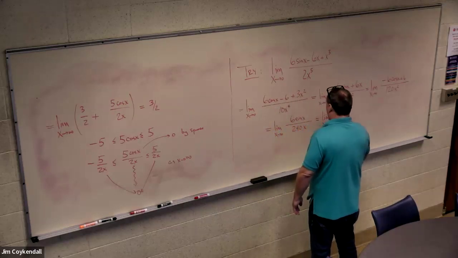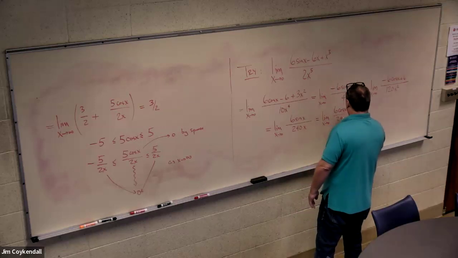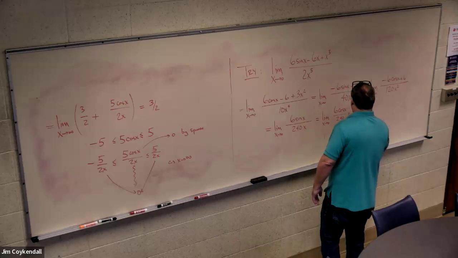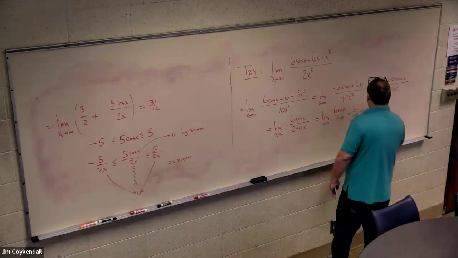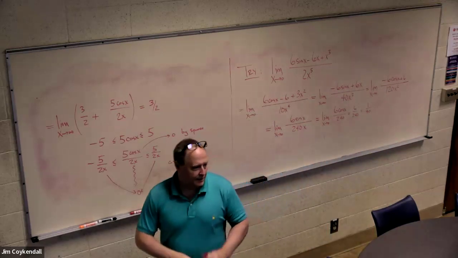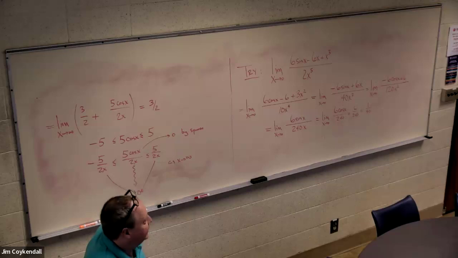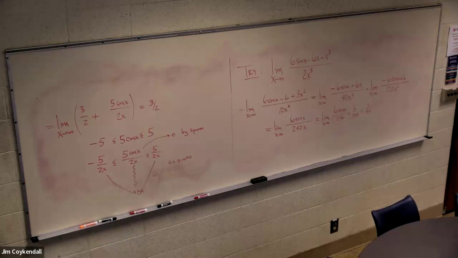As x goes to 0, 6 cosine x over 240, 6 over 240, 1. By the way, if you give me any positive integer, I can set up a little problem that will take that many iterations to work out.